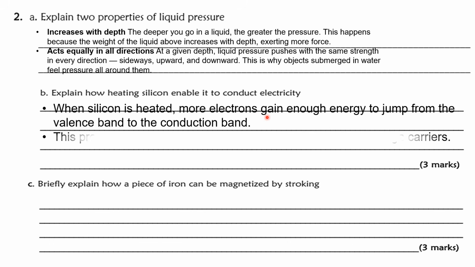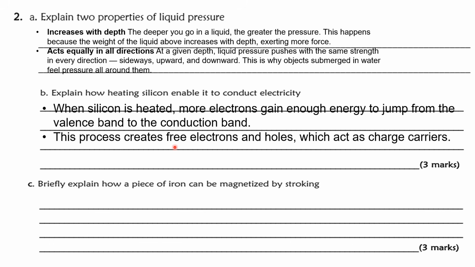So this process creates free electrons and holes, which act as charge carriers. When the electrons jump from the valence band to the conduction band, they are going to be free to conduct when such a material is connected to a circuit and a voltage is supplied.